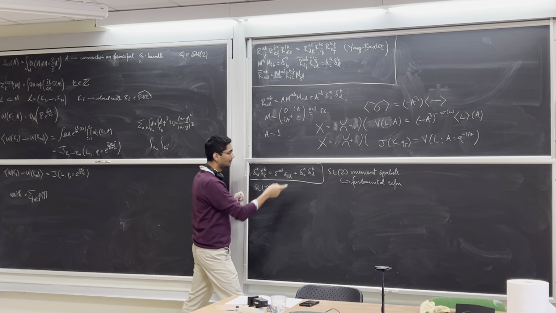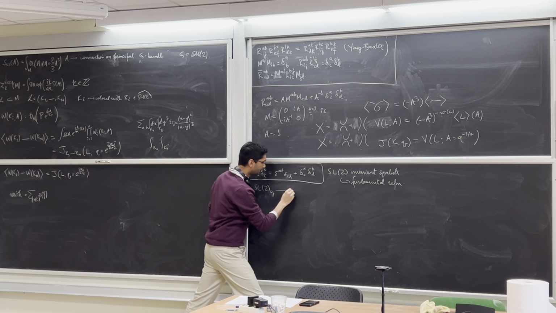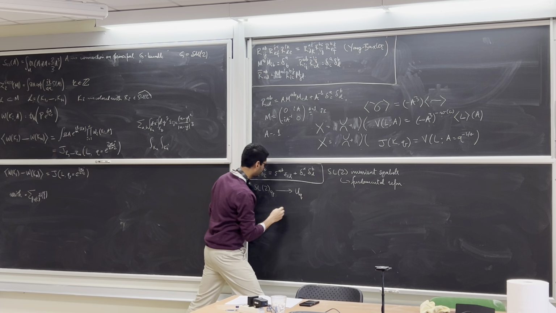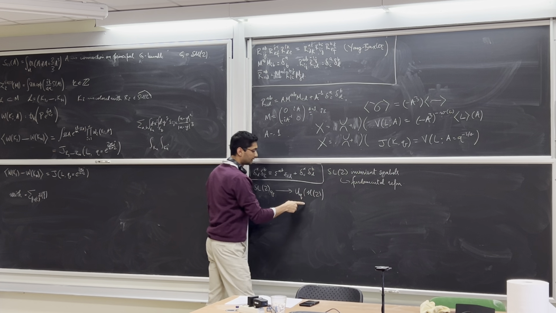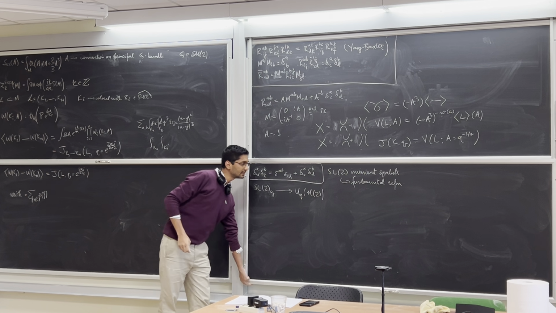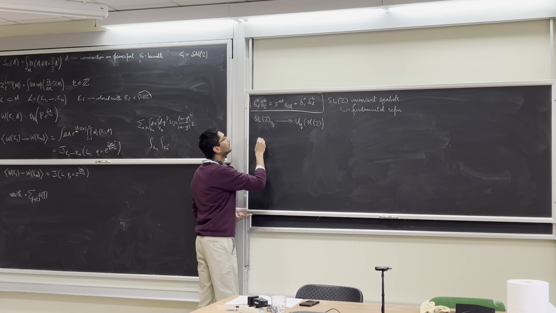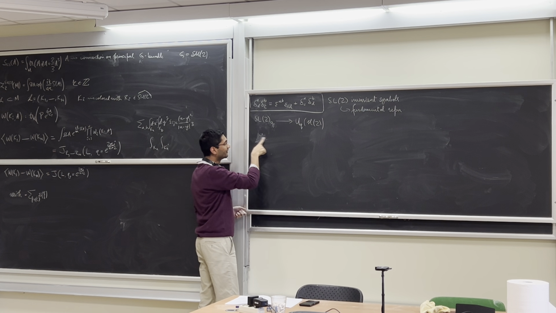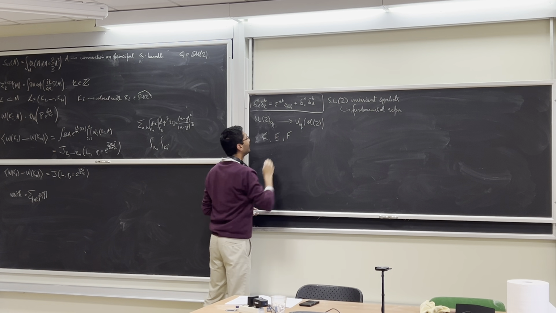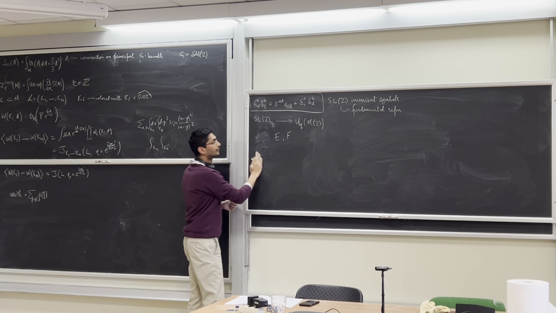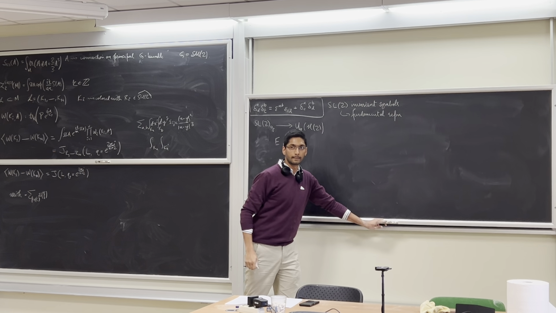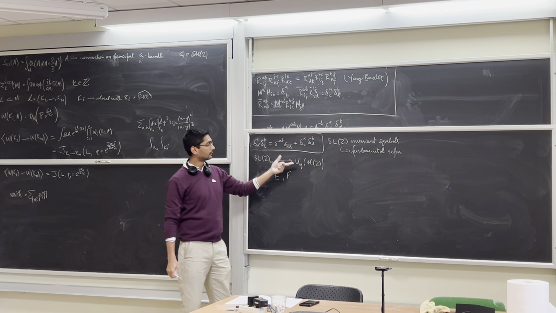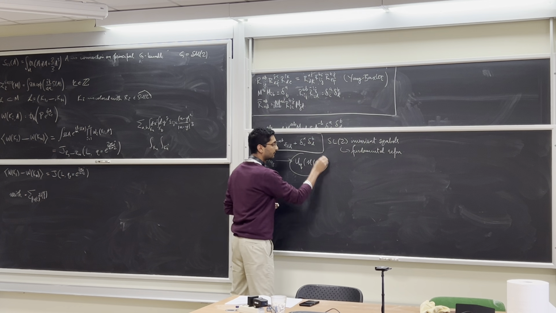However, to work with these, it is usually better computationally to pass on to the dual, which is the quantum SL2 Lie algebra, which is generated by the following symbols, K, E, F. I will describe this.